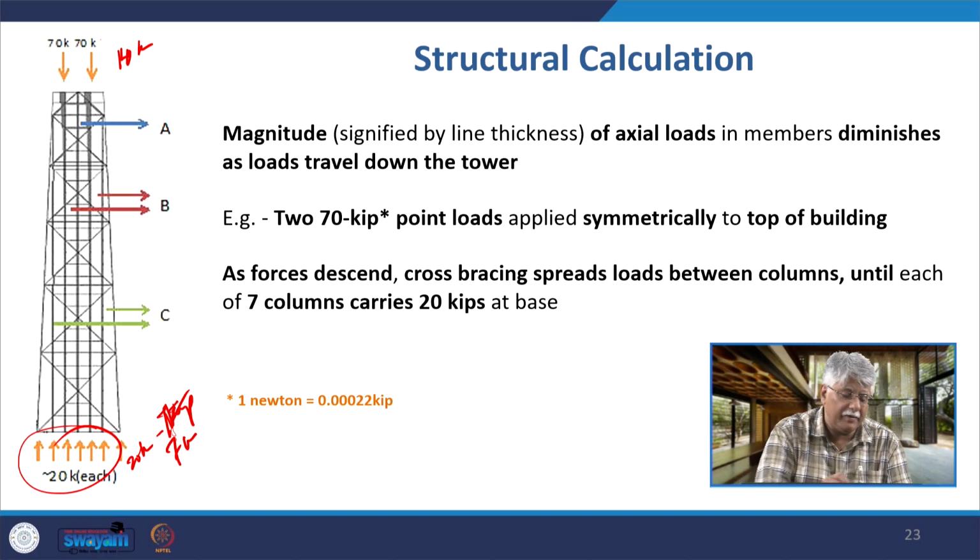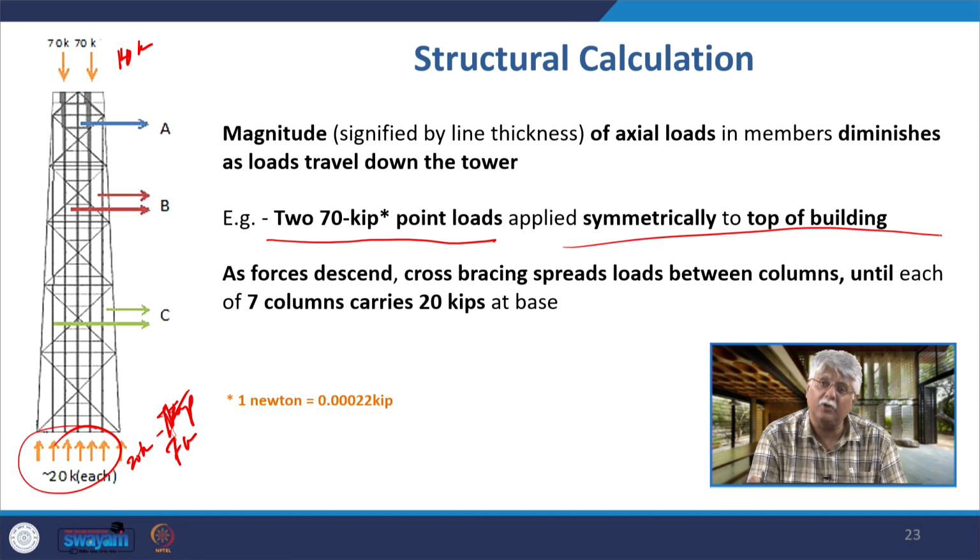So it begins with 70 kip point loads applied symmetrically at the top of the building. As it descends, the cross bracing helps to spread the load between the columns until 7 columns carry this load, each of 20 kip and no more. So that is how load transfer takes place by the use of bracing in the brace tube construction.